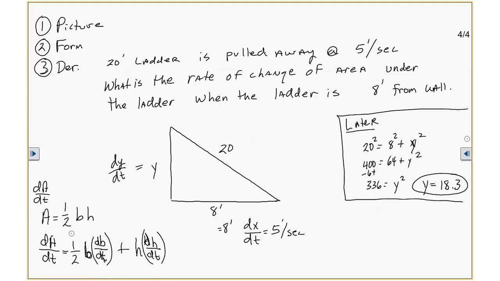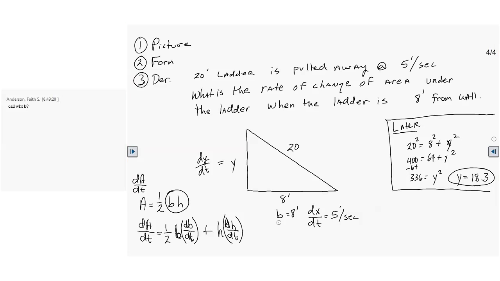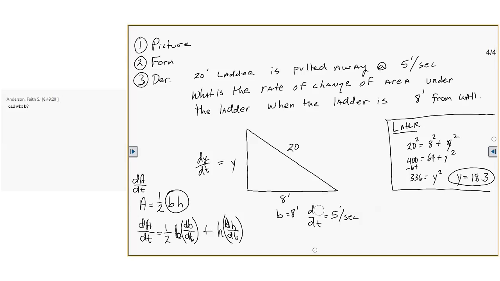Yeah, because first times the derivative of the second plus second times the derivative of the first. Power rule. First times the derivative of the second plus the second times the derivative of the first comes out to be this. And this is b, and this is dB dt.